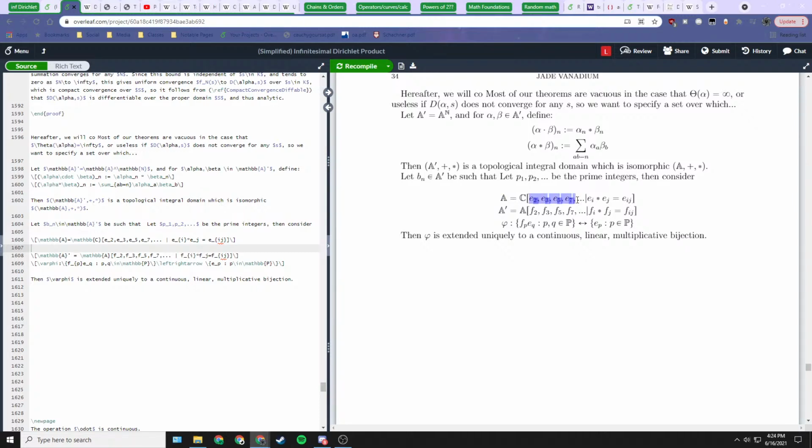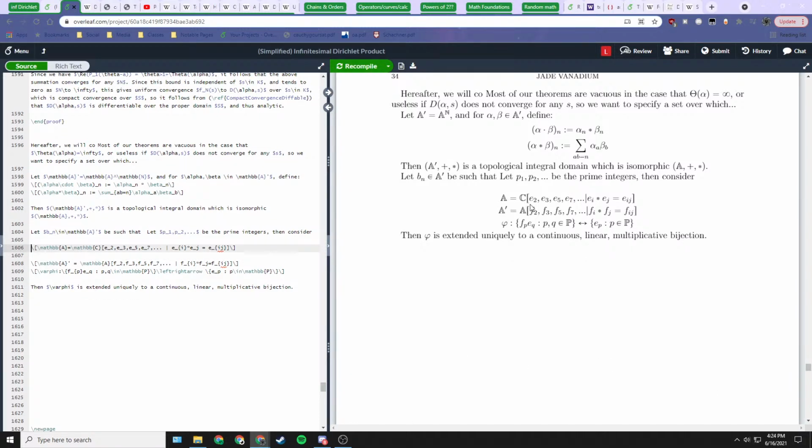This only gives us elements which have finitely many non-zero entries. For example, because we have E_2 here, E_2 times E_2 is E_4. So if we just had C with E_2, then that would also give us E_4, and so on, if you want to think about it that way.